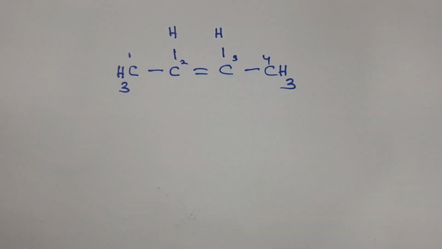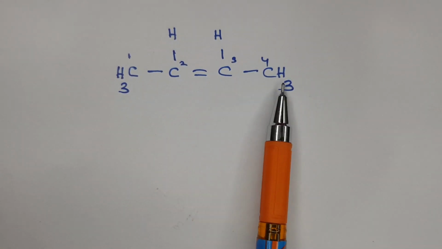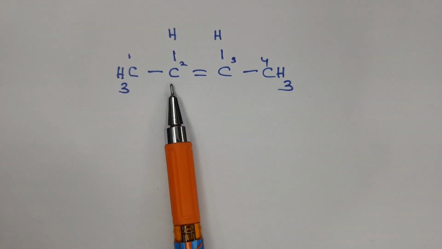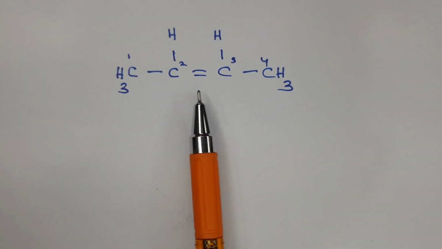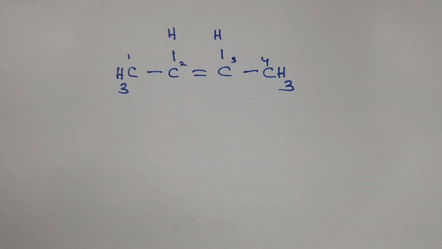Look here, this is 2-butene: CH3, CH double bond CH, CH3. Numbering 1, 2, 3, 4, so the double bond is at the second carbon. So we can show the cis isomer and trans isomer of 2-butene.